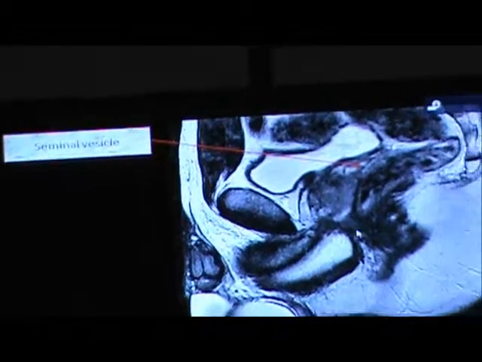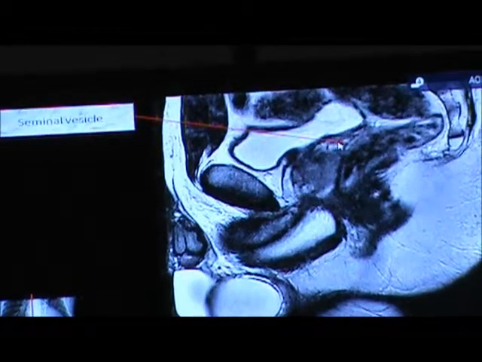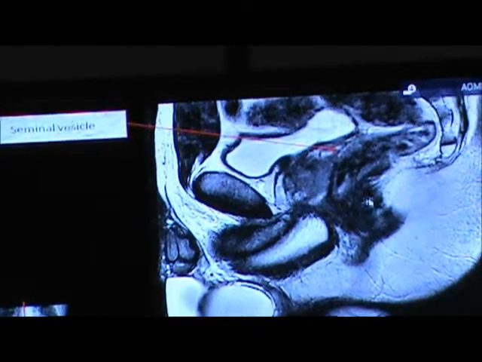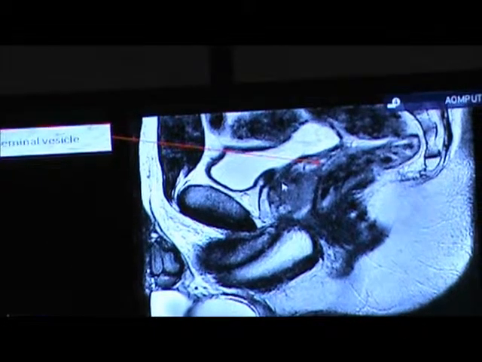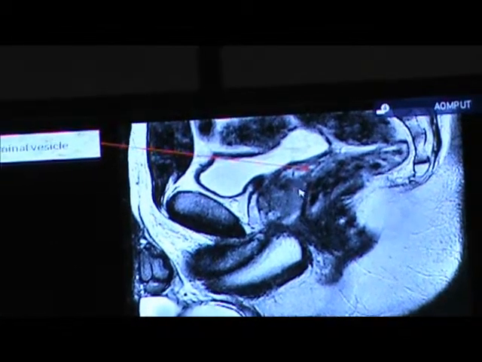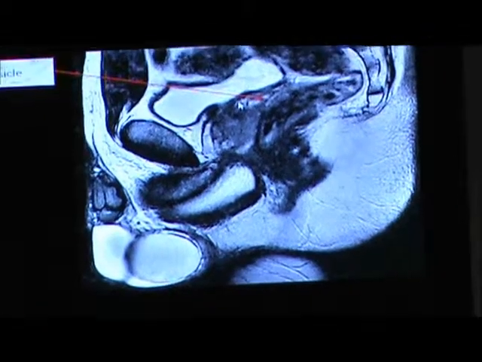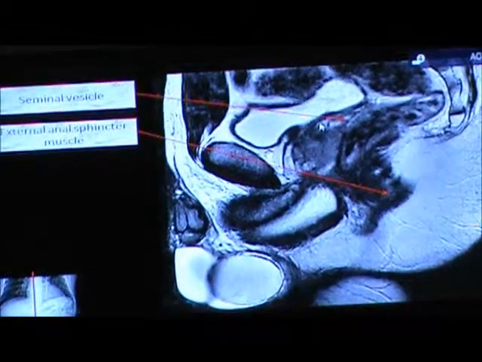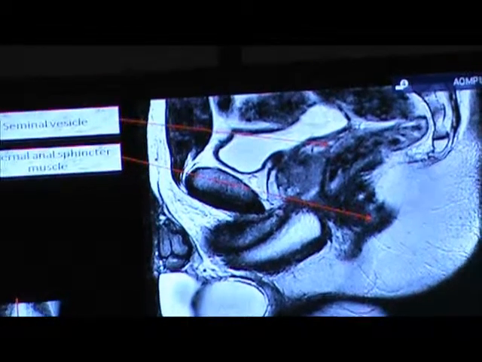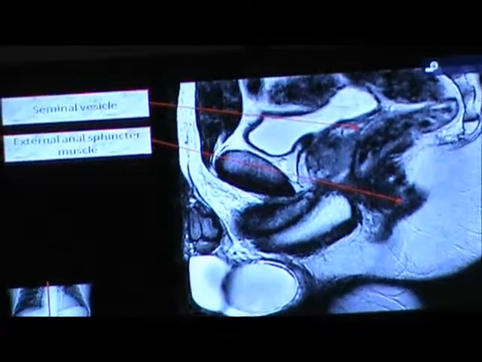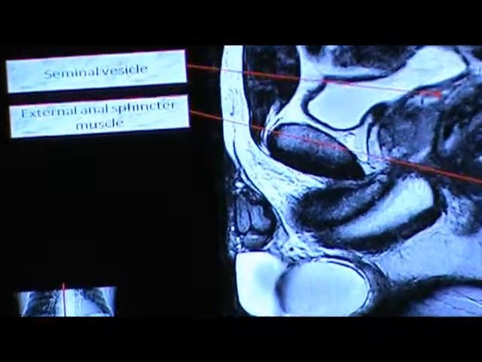So this is the right seminal vesicle, to be more precise. We can feel it while examining per rectum, just above the prostate, especially when it's enlarged. And of course the external anal sphincter, which corresponds with this area.